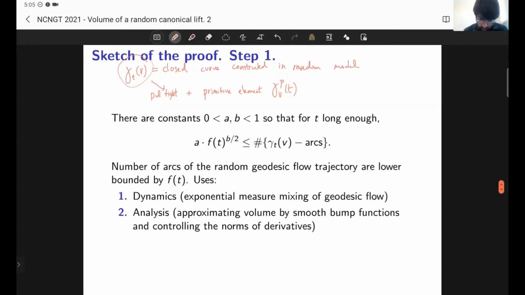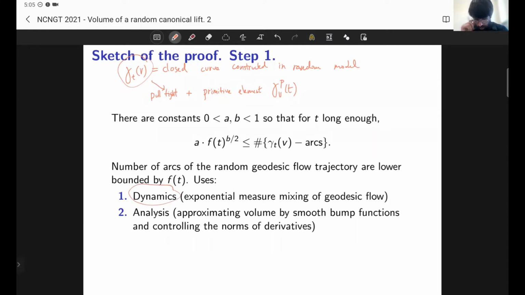What we can show is that there are constants A and B between 0 and 1. Again, B will be playing the role of the constant delta in the previous statement, so that we have the following lower bound for t long enough. So we have the following lower bound for the number of gamma arcs of gamma_T^B, the closed curve constructed in the random model. And this is going to use dynamics.